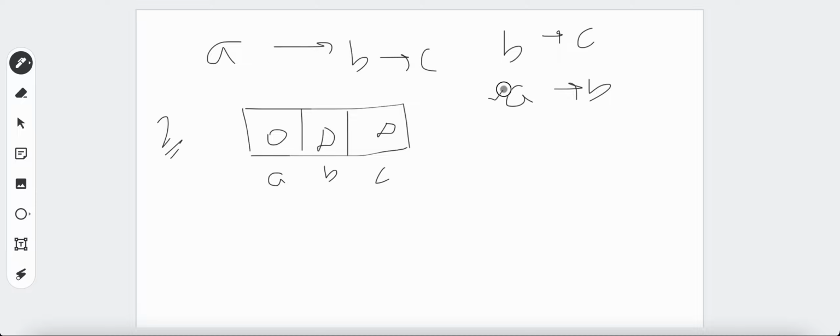Now we have A and B. A has 0, so 0 plus any weight, say weight 1 or weight 2, I'm not fully going into that, will surely be less than this infinity.